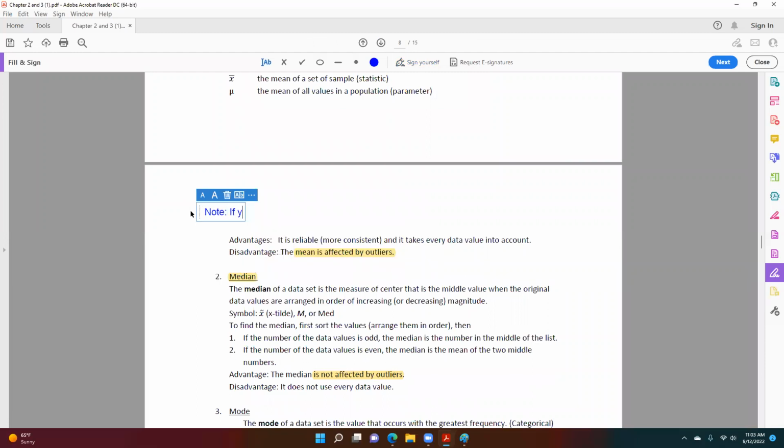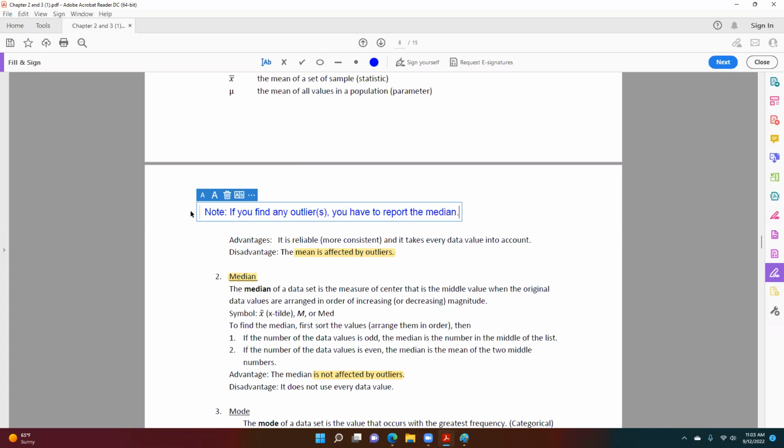If you find any outliers, and outliers here can be one or a lot, you have to report the median. At the end of this chapter, in section 3.3, there are ways for us to find outliers. When you learn that, you will figure out those numbers of outliers.